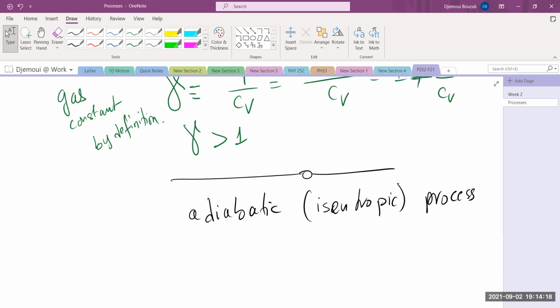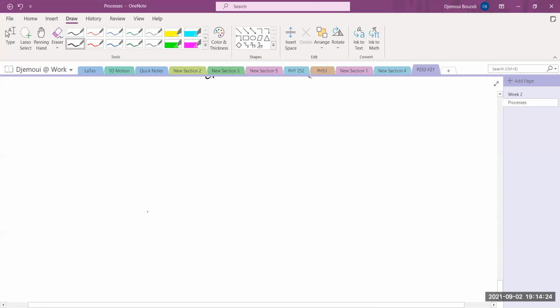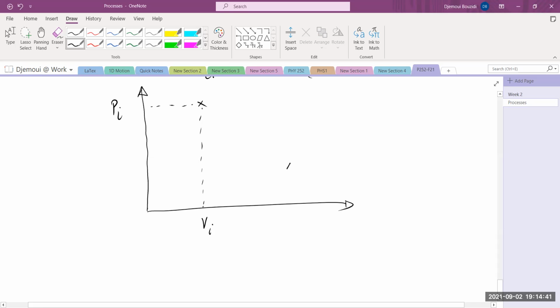So let's see what's going on in here. Again, we're starting from some initial point of initial volume Vi and initial pressure Pi, and we're going to a final volume Vf and final pressure Pf in a fashion where there is no heat exchange, where Q is equal to 0.